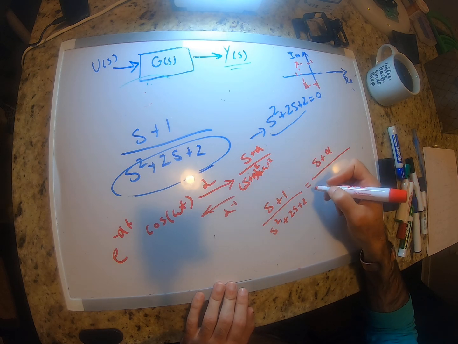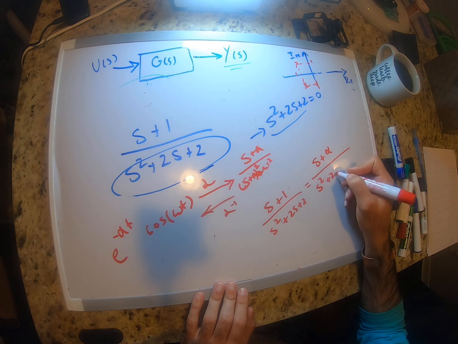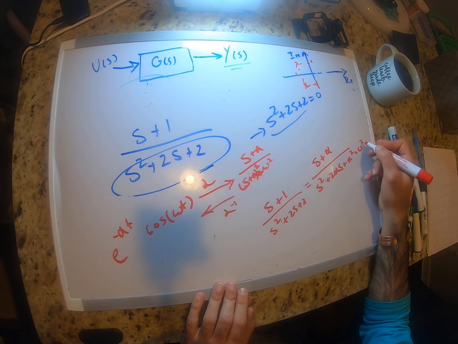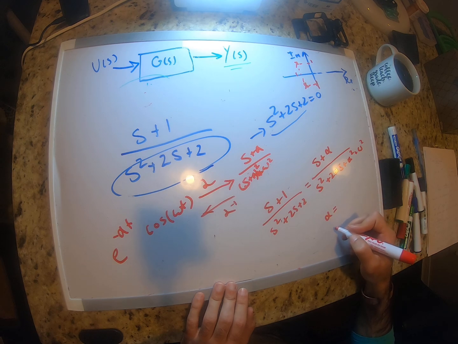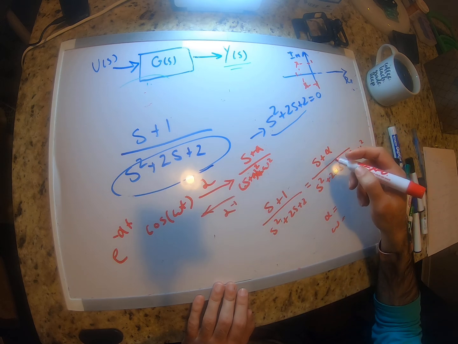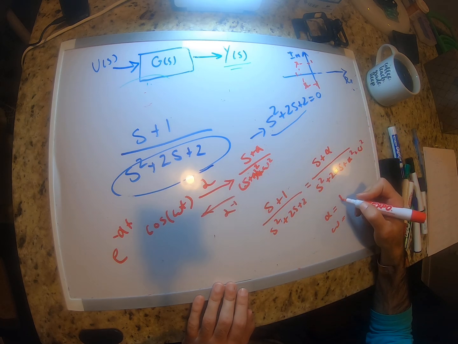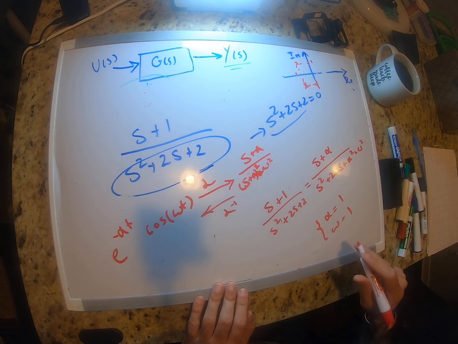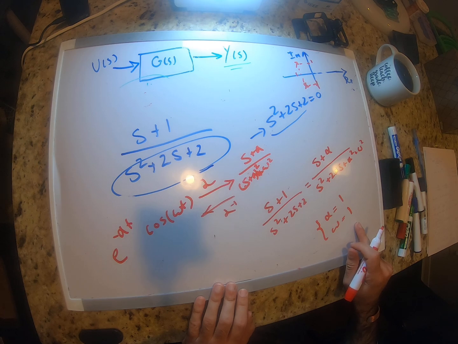So this is going to be s squared plus 2 alpha s plus alpha squared plus omega squared. And I want to know what alpha and omega are. If you look at these two, you see that alpha is equal to 1, and if you simplify this, you would find that omega is equal to 1.